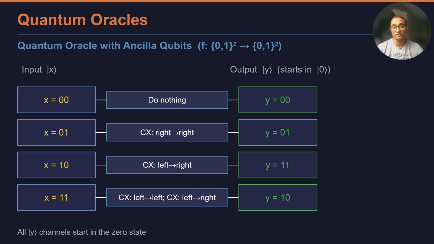In the case of 1, 0, you have the left bit as 1, which indicates that the output needs to change because it is an XOR of the input, and in that case it will become 1, 1. The left side of the output is mapped to the input, and the right bit is changed from 0 by the CNOT gate to 1.